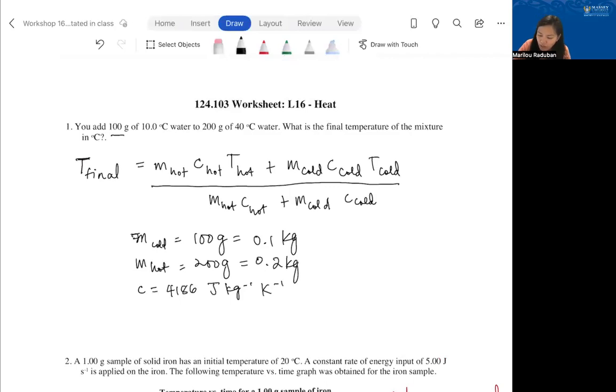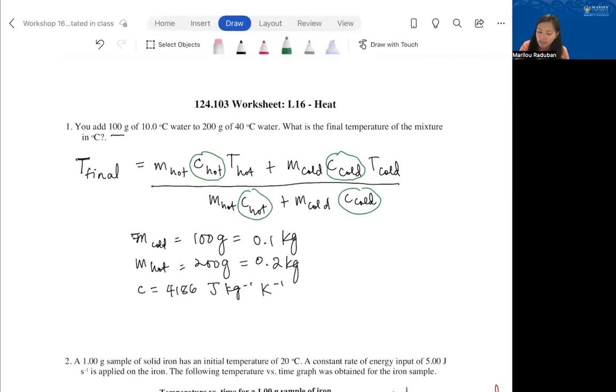So notice how the specific heat appears in all terms in the equation. C hot and C cold will be the same because it's the same substance, it's both water.